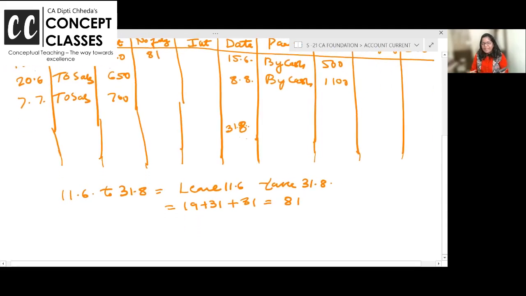Like this, 20 June to 31 August. 30 minus 20, 10 days of June, 31 days of July, 31 days of August, 72 days. 7th July, so 31 minus 7, do it in the calculator, 24 days of July, August's 31 days, 55 days.